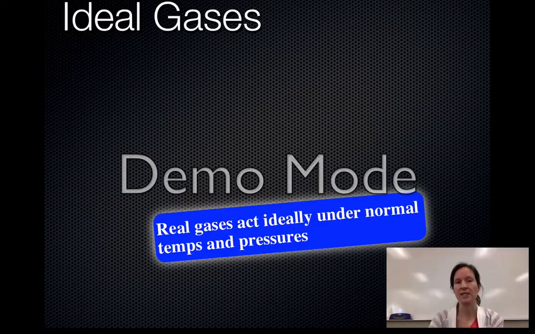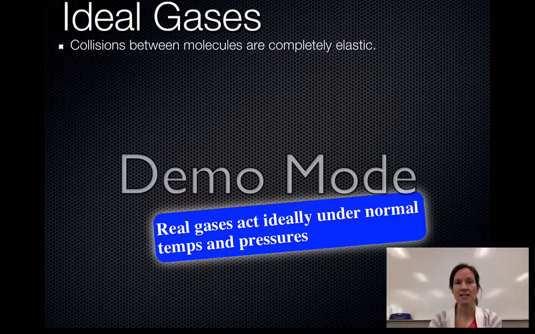And then what does being an ideal gas mean? Well, an ideal gas means that when gases hit each other, they hit in an elastic fashion. So elastic means they hit and bounce off, but they don't break or stick, right? It's a difference between a ball hitting the wall and bouncing versus throwing two sticky things at each other, like two pieces of Velcro, and they hit and they might stick.